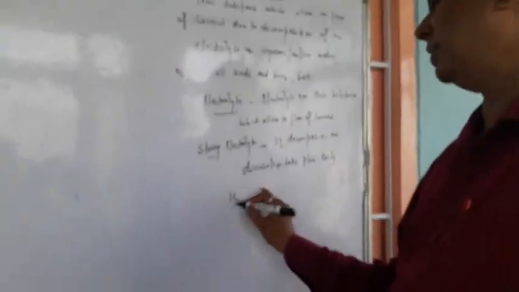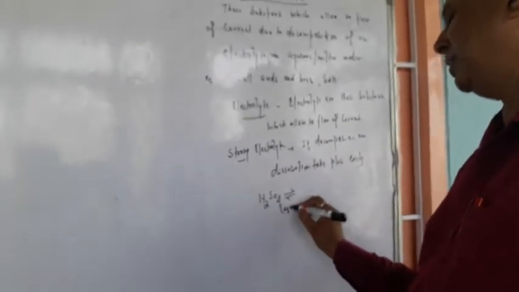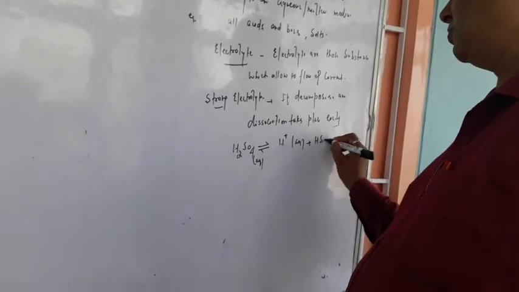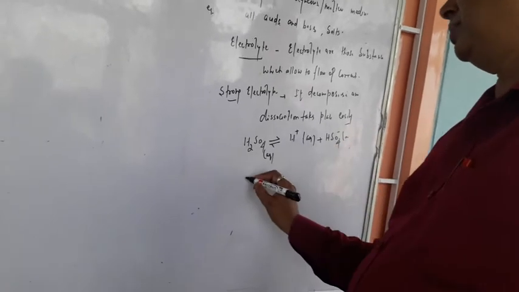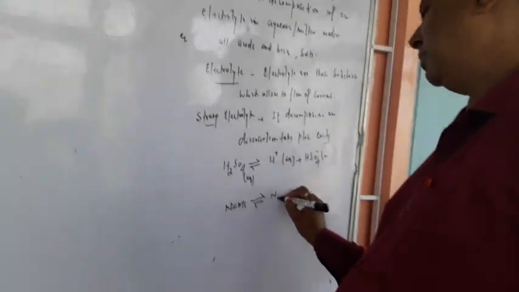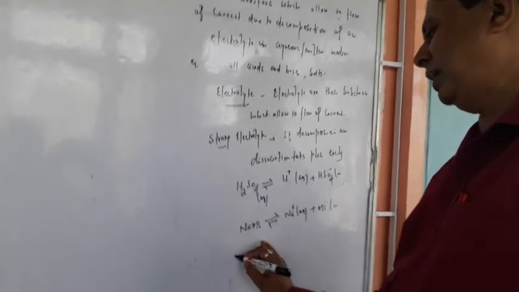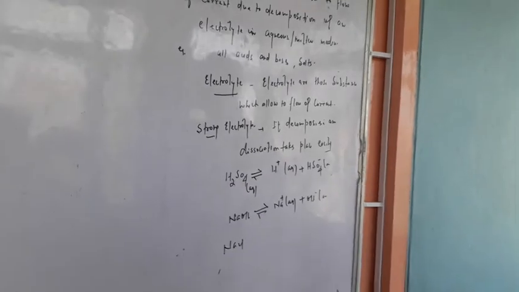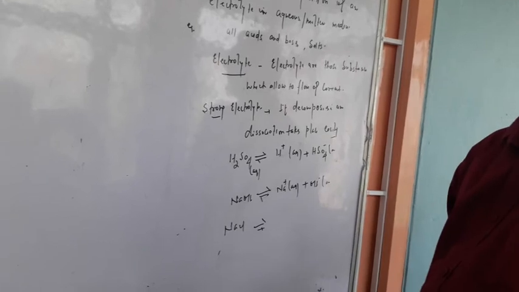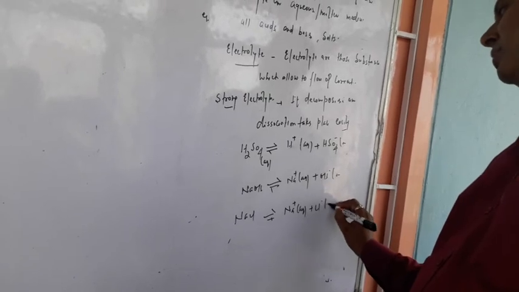All strong acids like H2SO4 decompose in aqueous medium as H+ and HSO4-. Similarly, NaOH decomposes into Na+ and OH-, and a salt like NaCl is also an example of a strong electrolyte. So it can form from a strong acid as well as a strong base: Na+ (aq) plus Cl- (aq).